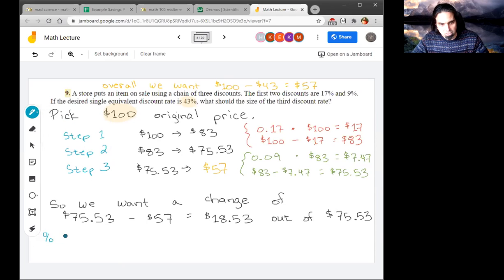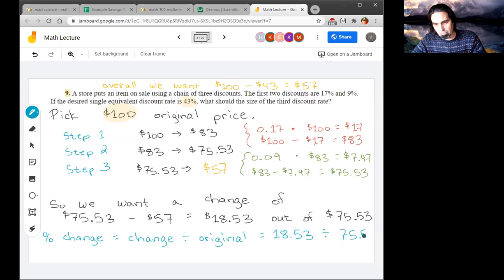So that formula, percent change, is change divided by original. So about 25%.